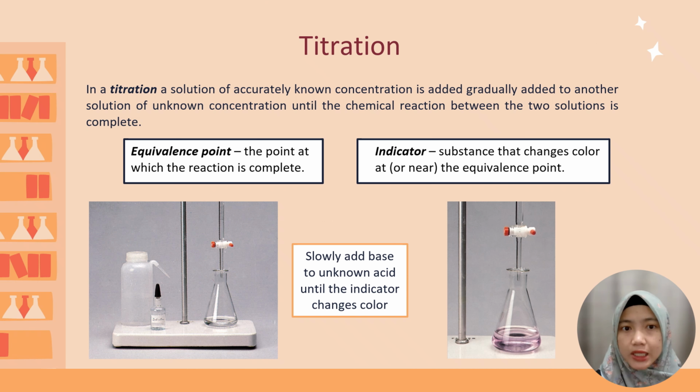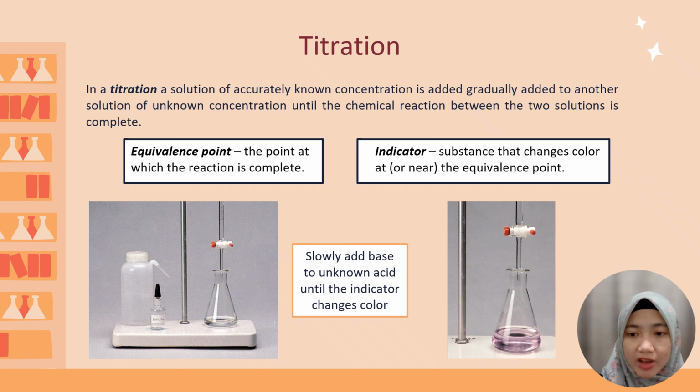In the titration, a solution of accurately known concentration is added gradually to another solution of unknown concentration until the chemical reaction between the 2 solutions is complete. So as I said just now, let's say we want to analyze vitamin C in fruit juices. So we put the unknown concentration of vitamin C that is in the sample, the fruit juice, in the conical flask.